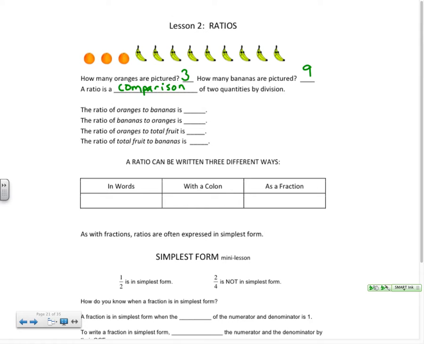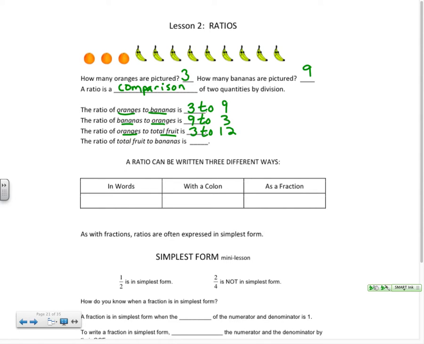All right, let's look at the variety of ways in which we can compare these oranges and bananas. The ratio of oranges to bananas we can say is 3 to 9. The ratio of bananas to oranges is a little bit different. You start with the bananas, so it's 9 to 3. The ratio of oranges to total fruit: there are 3 oranges, and if we count all the fruit, there's 12 pieces, so that ratio would be 3 to 12.